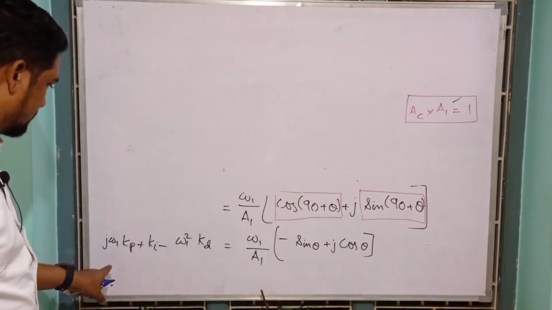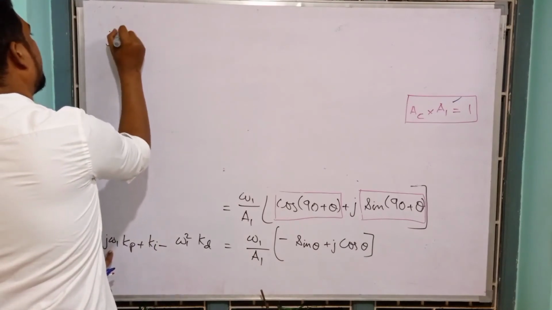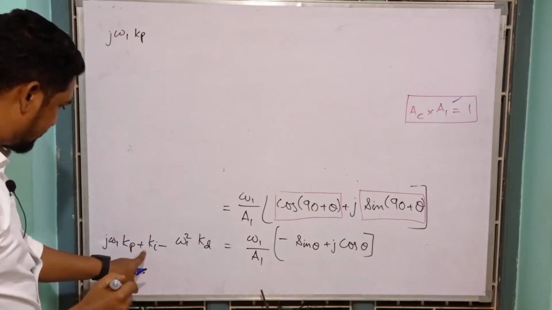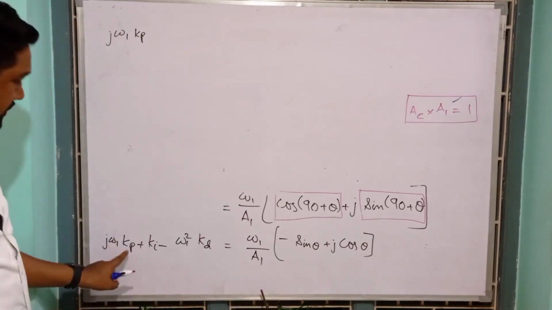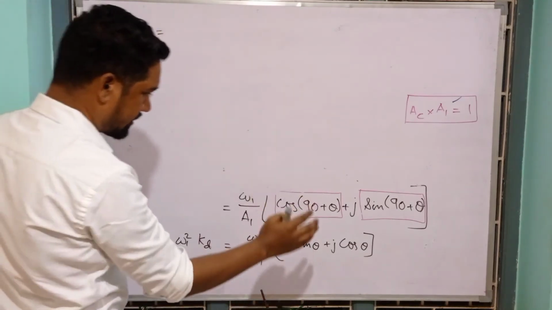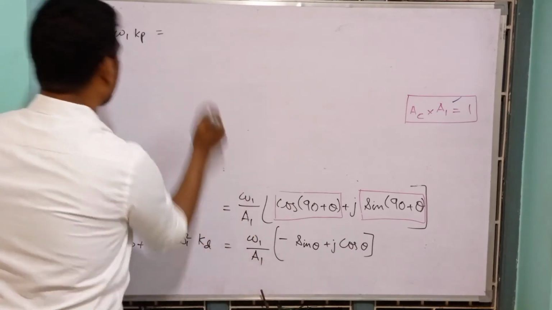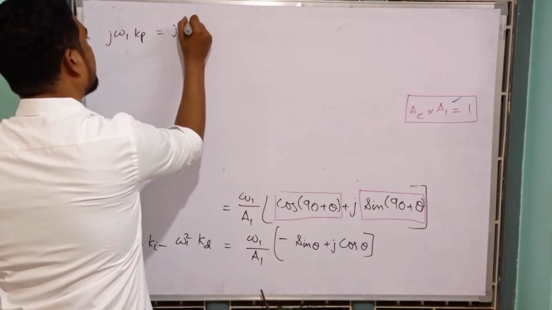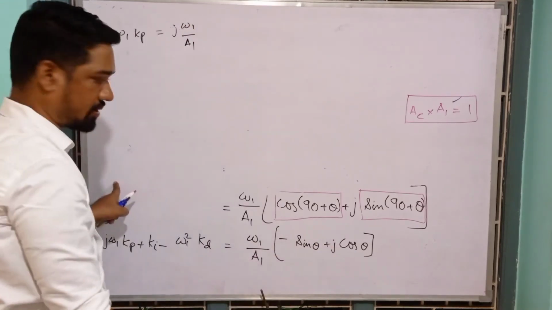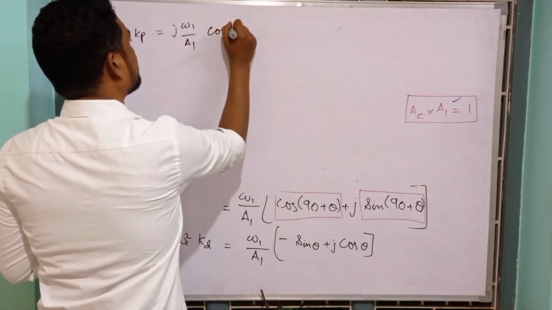Imaginary over here, j omega 1 kp. This is the only imaginary term on this side. So j omega 1 kp on this side will be equal to the same imaginary part, j omega 1 by a1 cos theta, from over here, this has to be multiplied, isn't it?